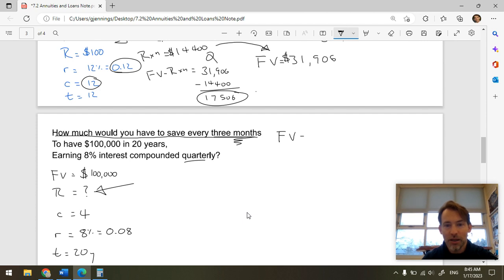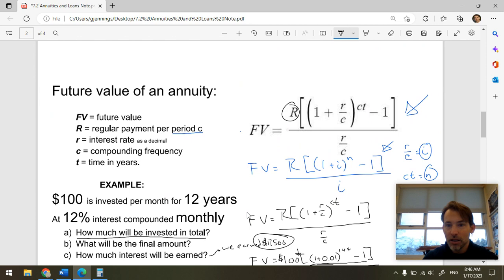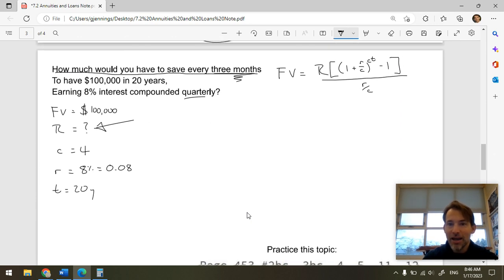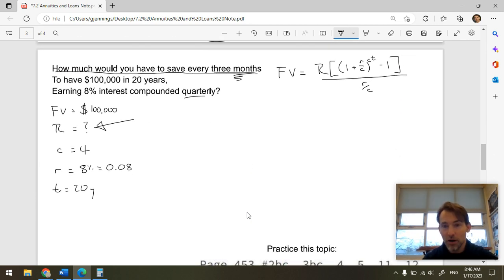Future value is equal to the regular payment multiplied by 1 plus r over c raised to the power ct, minus 1, and that big bracket all divided by r over c. Check to see that you have the correct formula. Yes, I do. And then rearrange your formula to solve for the regular payment.